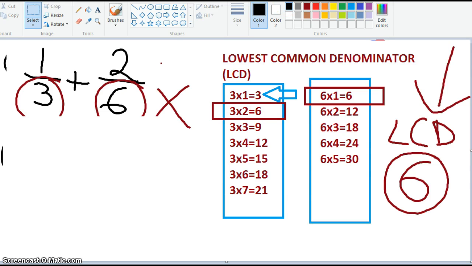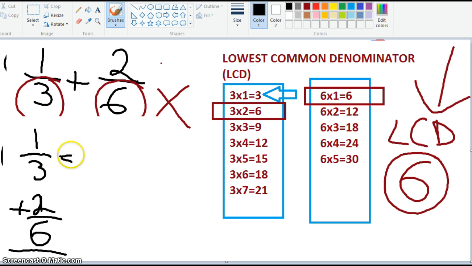Typically, for those of you that remember this from high school or the last time you took a math class, I can simply rewrite this as 1/3 plus 2/6, writing it from top to bottom, okay? What I'm going to do is put in the new lowest common denominator on the right, and rewrite these two fractions using my lowest common denominator of 6. So I'm going to put the 6 on the bottom in my two fractions.